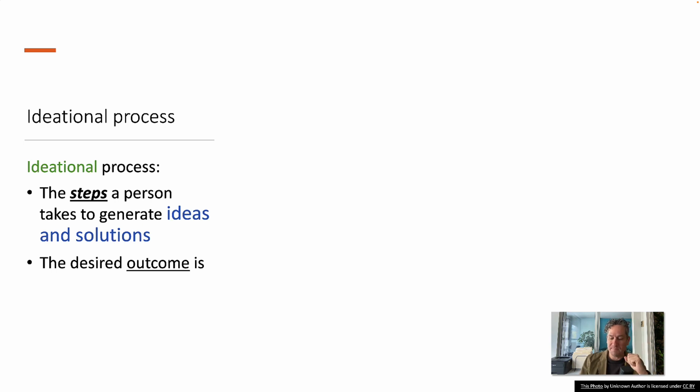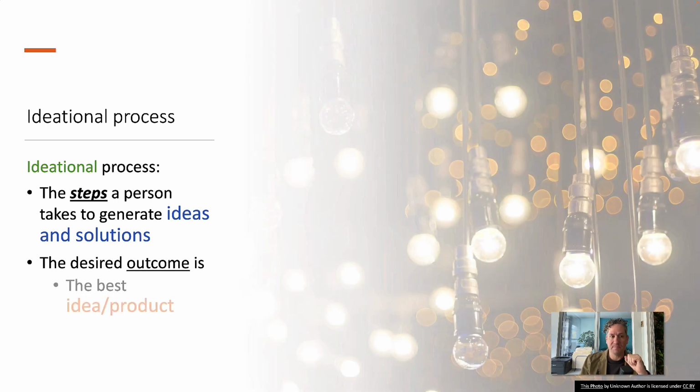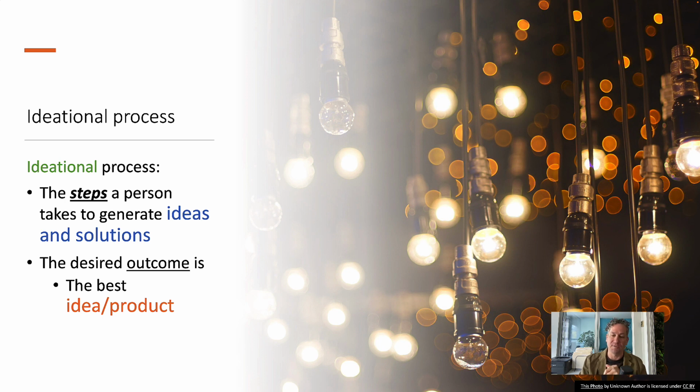The first type I just explained a little bit about. It's called ideational process. You could see the image here is all these light bulbs. That's the kind of public social image that has been attributed to ideas, right? A light bulb going on. That's what ideational process is all about. It's about the steps that we take.